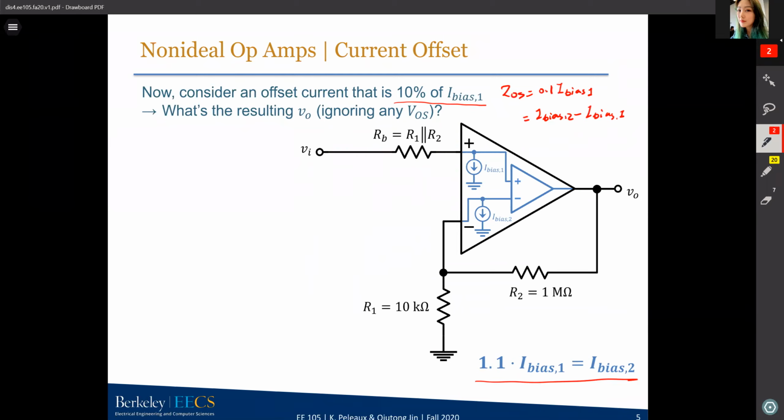So in this case, even though you have RB equal to R1 in parallel with R2, your V out is not 0. And we will calculate what the actual V out you will get, what the non-zero value of V out you could get. So we will do this using superposition.